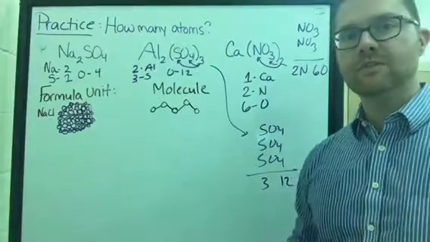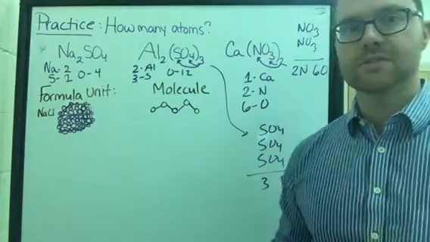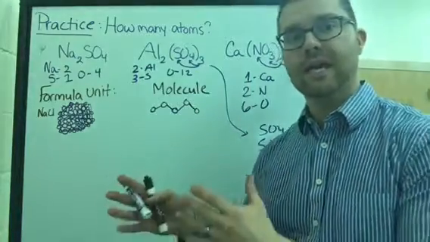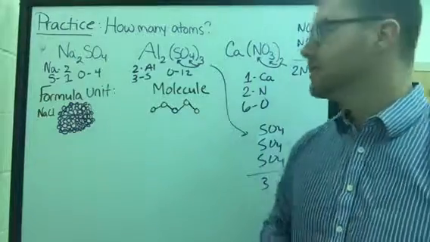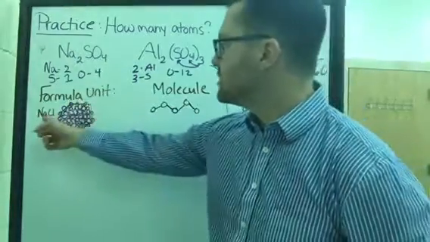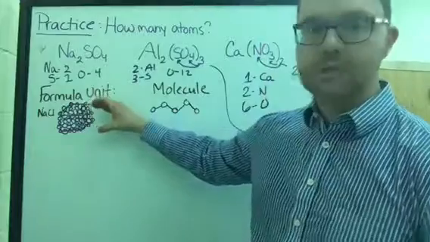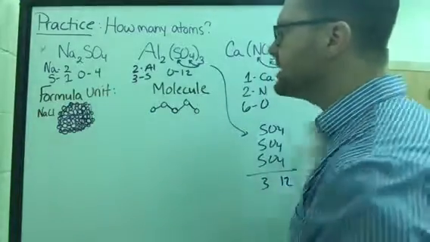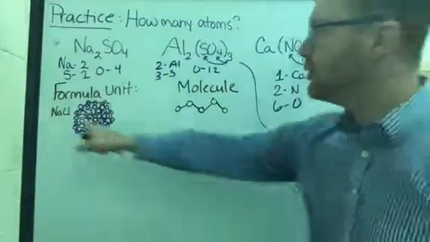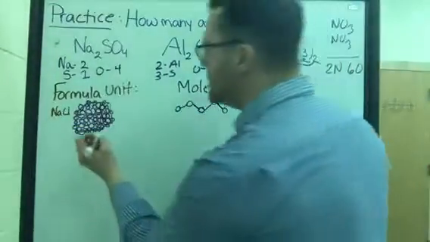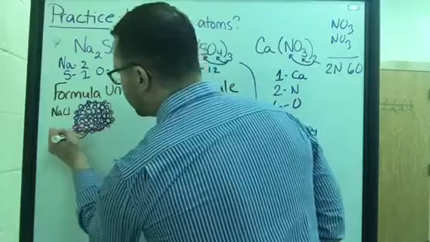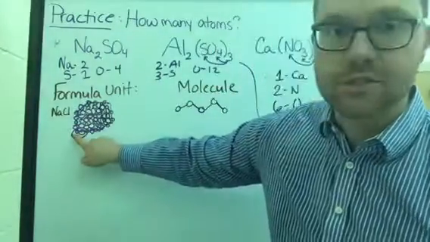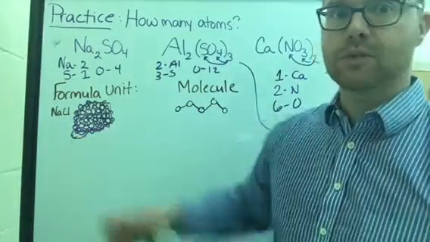Now I just want to review very quickly one last time the difference between a formula unit of an ionic solid and a molecule. The formula unit, for instance, sodium chloride, is a crystal lattice structure. It's very strong, and we've studied that. But the reason why it's sodium chloride is because we just look at one ratio. That brown is the sodium, that purple is the chloride.